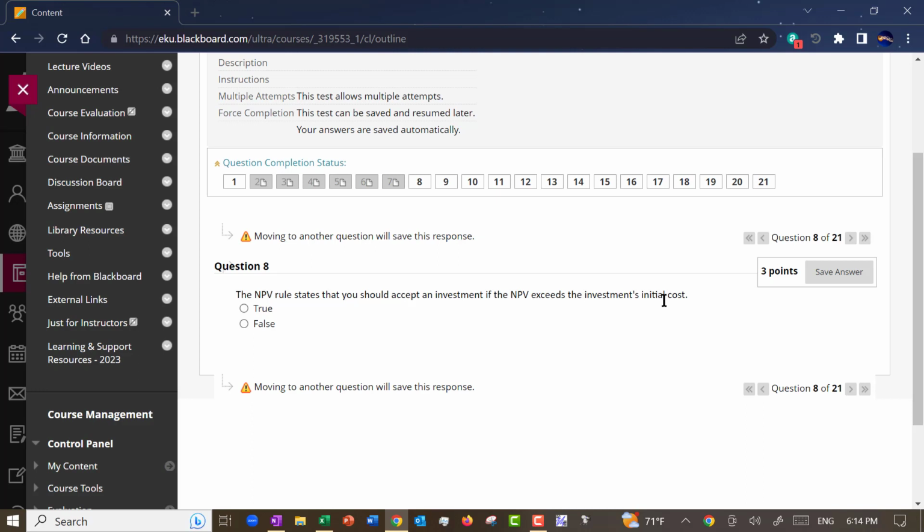Well, the answer is zero. Remember, it's already net present value. If the NPV is positive, NPV rule says you should accept the project. The initial cost is already figured into the NPV. It's the present value of future cash flows minus the initial cost. That's why it's false.